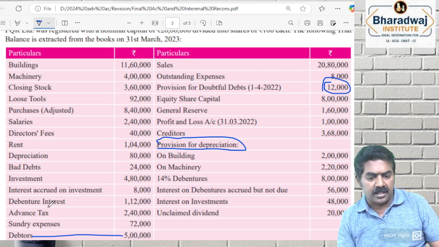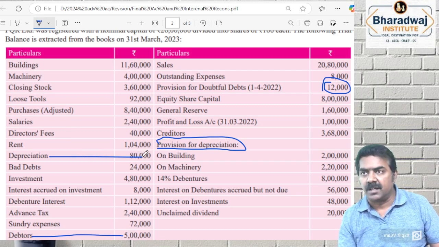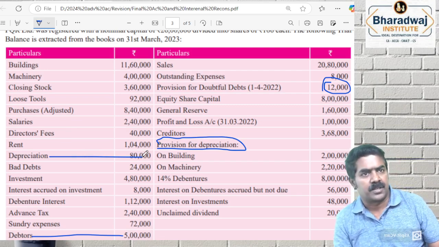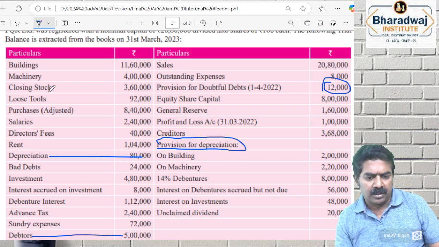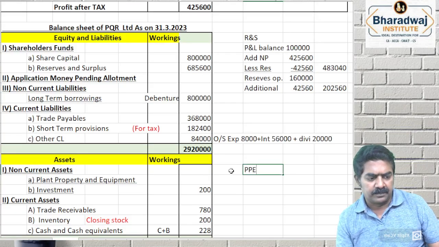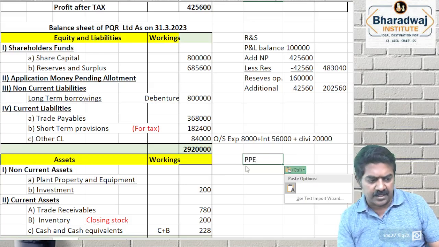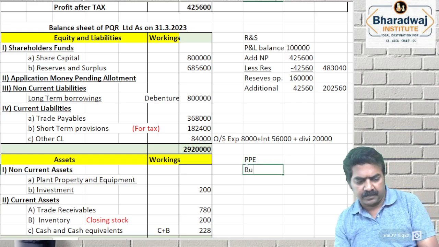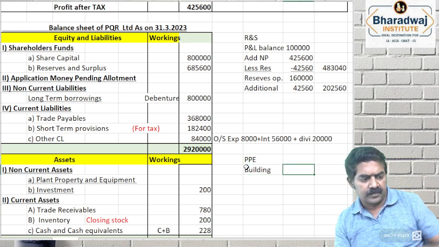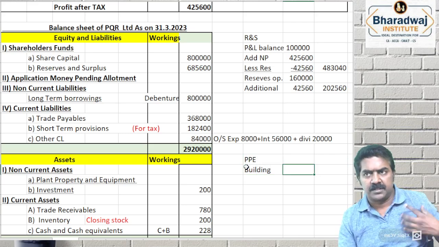No need to adjust current year depreciation because it is already given in the trial balance. If something is given in the trial balance, already journal entry has been passed and posted in the provision account. So, what are the things that will come? PPE ல என்னென்ன வரும்? Building, after adjusting depreciation. Building minus provision for depreciation.